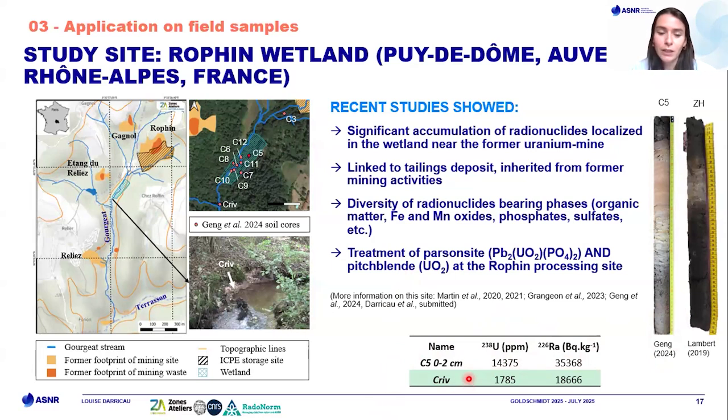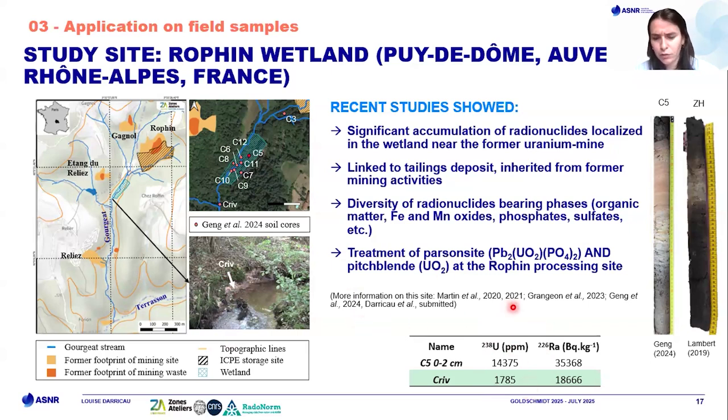And we also studied a sample directly. The white deposit that you can see here is a tailing really near the stream in the wetland. And we selected a sample from here too, which has a high content of uranium and radium.